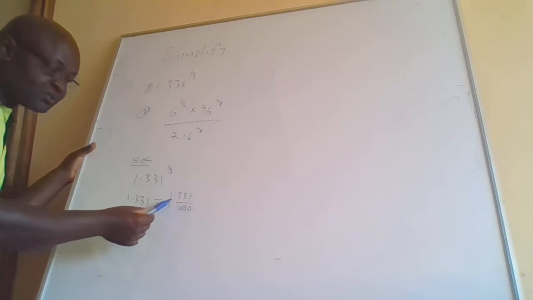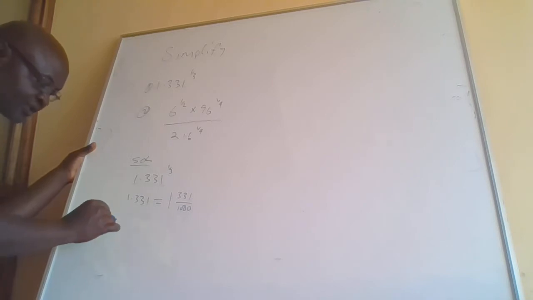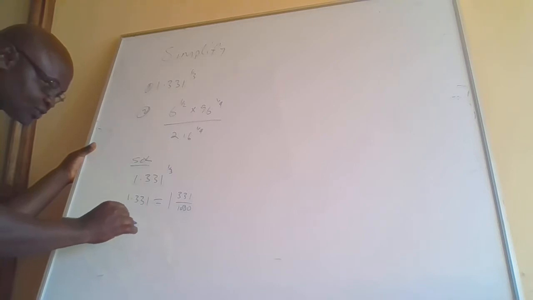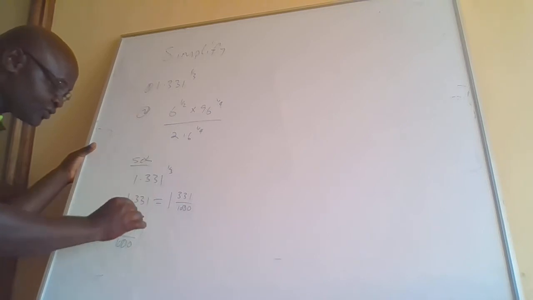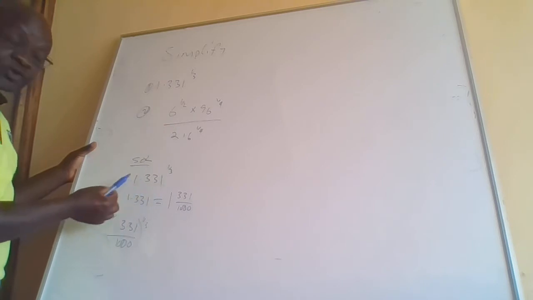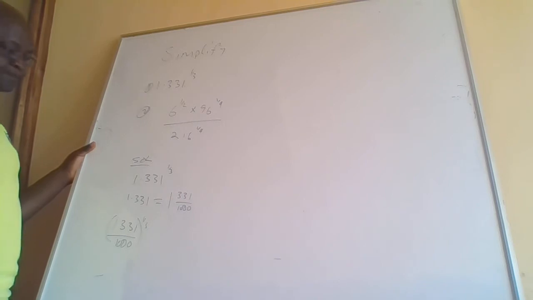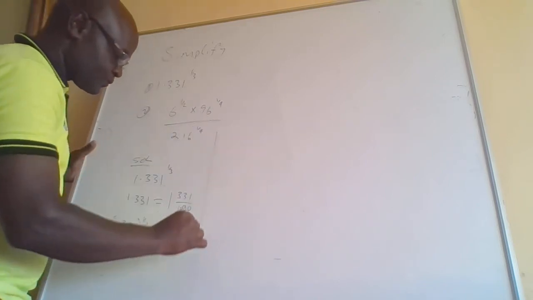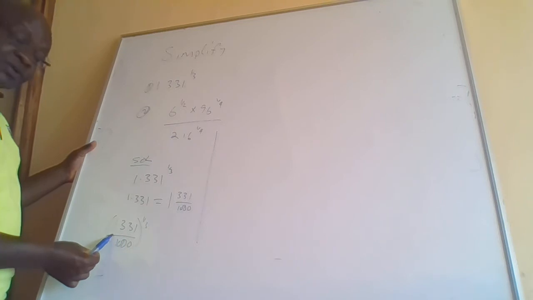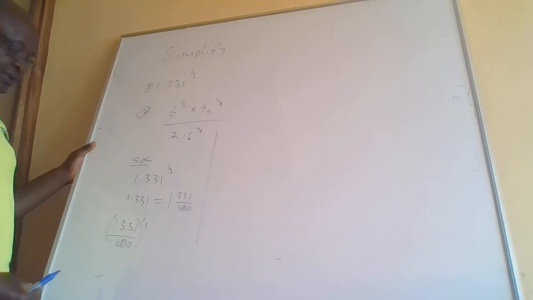So you take 1,000 times 1, then plus 331. So into an improper fraction it would be 1,331 over 1,000. Then this is raised to a third. So this one is in decimal, but this one is in fraction. Now we have 1,331 all over 1,000.